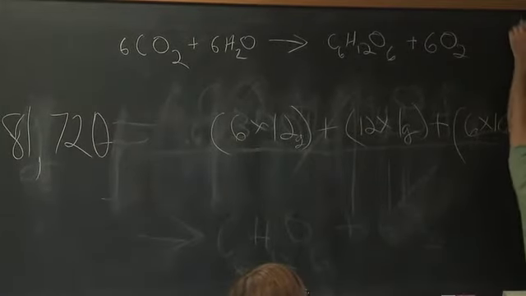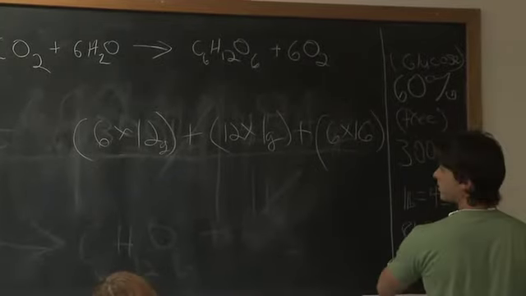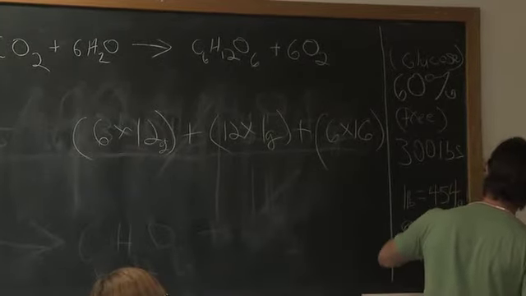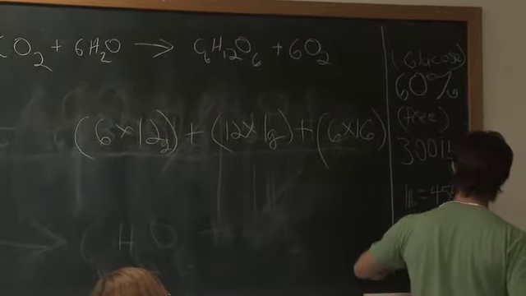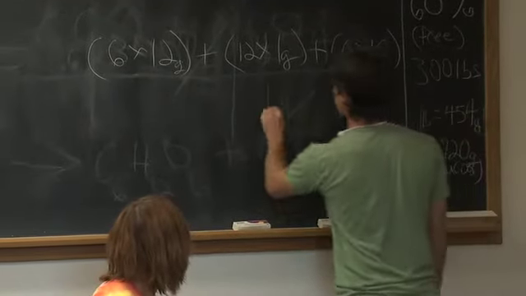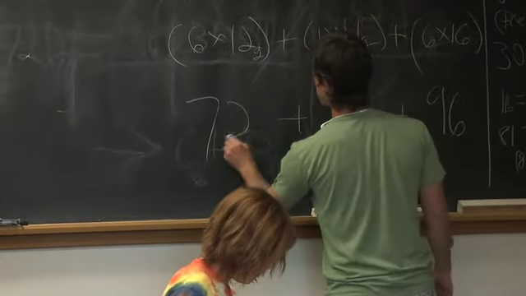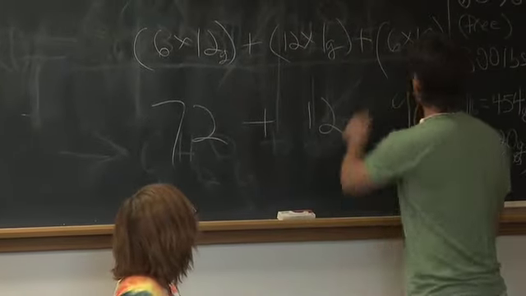I'm going to put this in our category of information we have: 81,720 grams of glucose. Now we need to add that up: 72 plus 12 plus 96 is 180, but let's check that. 180 grams. This is all in grams.